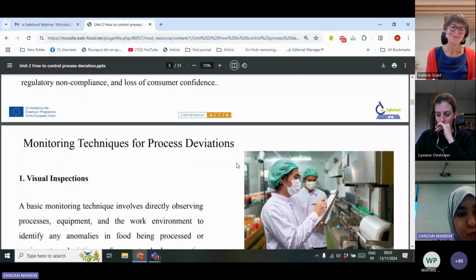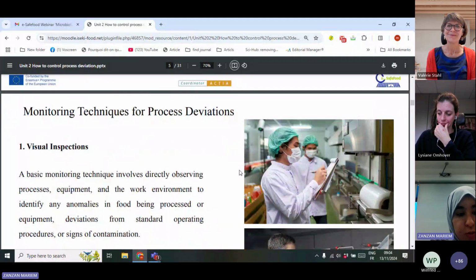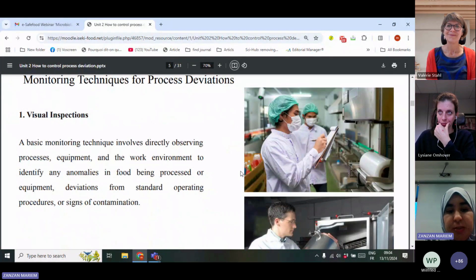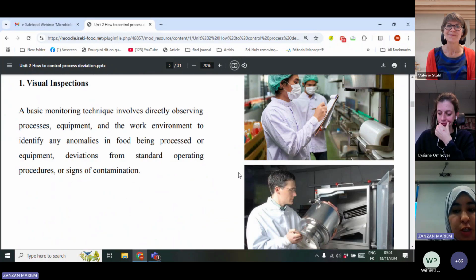For monitoring techniques for process deviation, visual inspection is one of the simplest and most effective methods, which involves workers or staff directly observing the process, equipment, and the work environment to identify any anomalies, any deviation in food being processed or equipment, deviation from standard operating procedure, or sign of contamination.